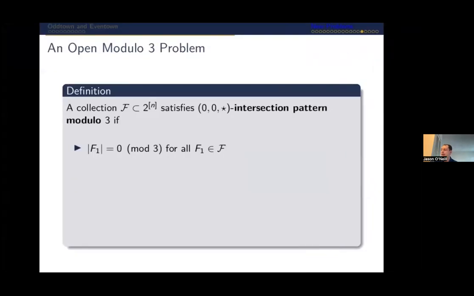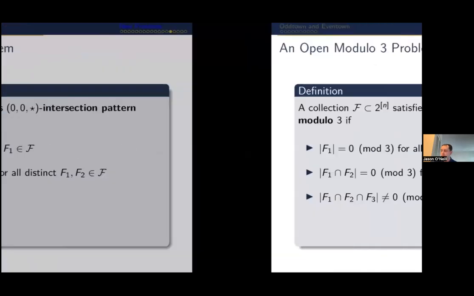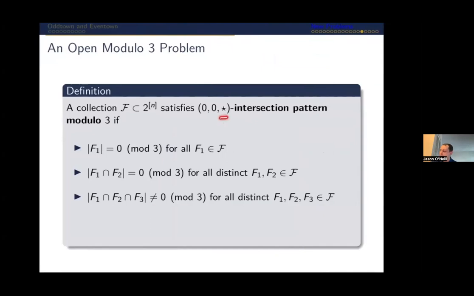So a set family is going to satisfy the 0, 0, star intersection pattern if the sizes of the sets are 0 mod 3, the sizes of the pairwise intersections are 0 mod 3, and now the star condition says that it's non-zero mod 3.